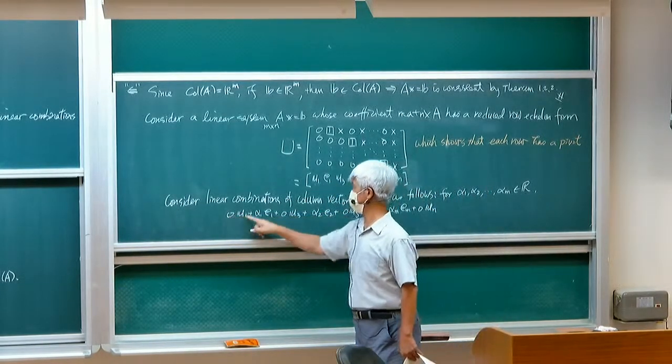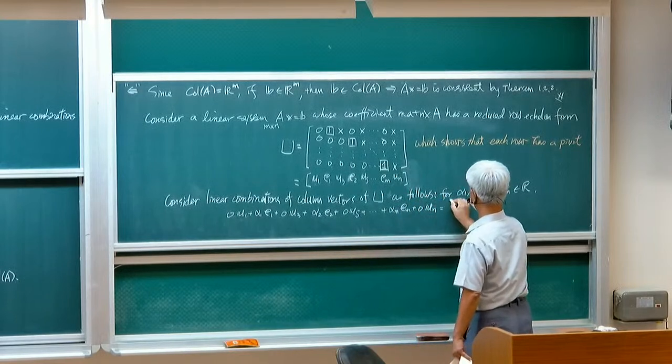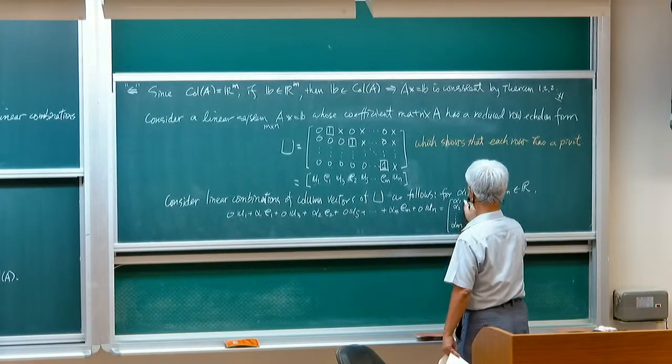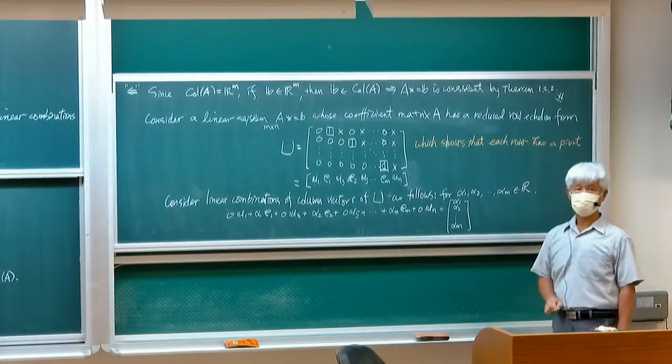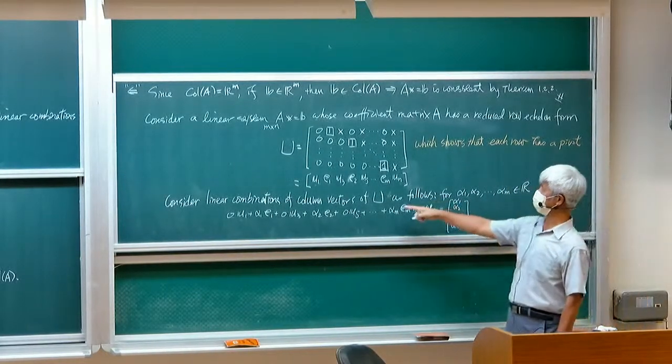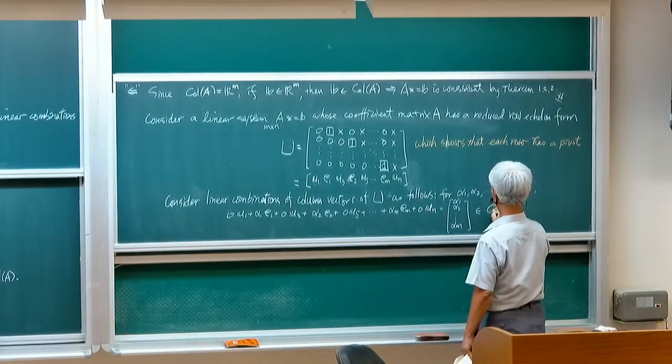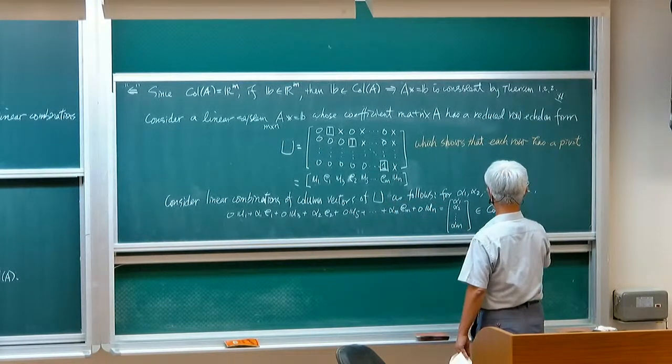Right? So the 0, 0, 0. And you can see they are alpha 1, alpha 2, up to alpha m. And because they are linear combinations, you can see that this is in the column space of U.